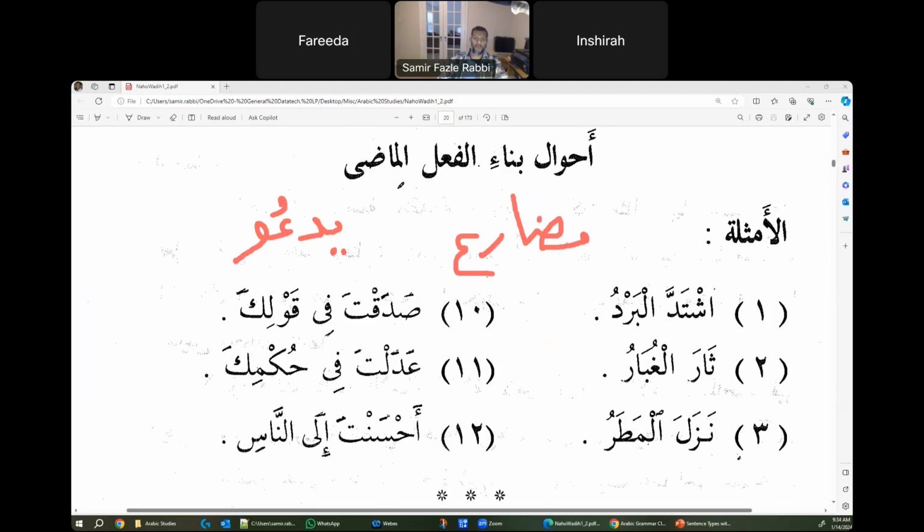And if I put lam before it, so now it becomes majzoom, and it becomes like this, yad'u. So that has to have the lam before it. So this is majzoom. So the mudari, because of other variables in the sentence, will change.